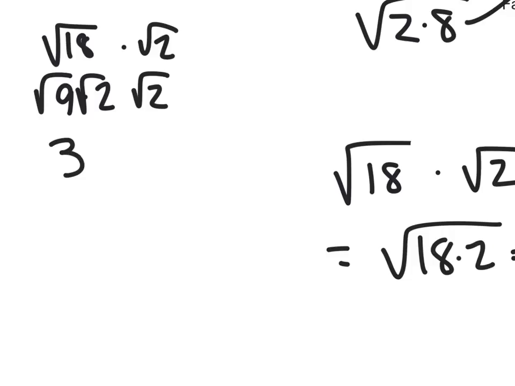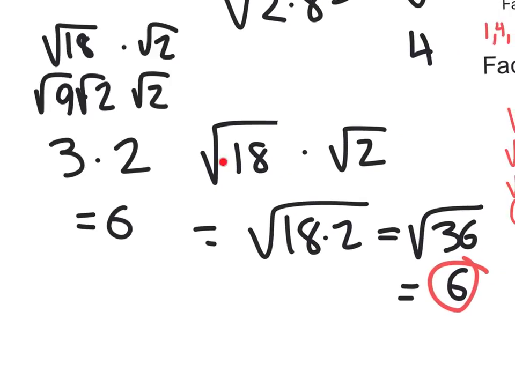So the square root of 9 is 3, and then the square root of 2 times the square root of 2 is technically the square root of 2 squared, which gives you the square root of 4, which takes you back to 2. So you really end up with 3 times 2, which is 6. But that's a lot more thought process than just multiplying 18 times 2, that's the square root of 36, and the answer is 6. So there's many roads to the same place, it just depends on how you look at it.